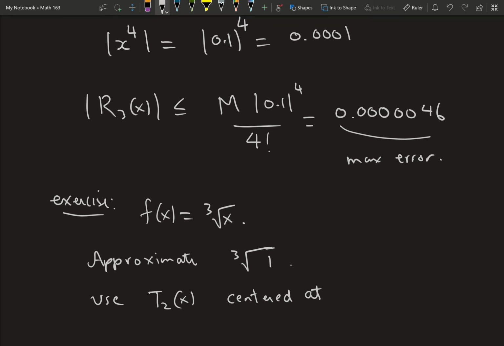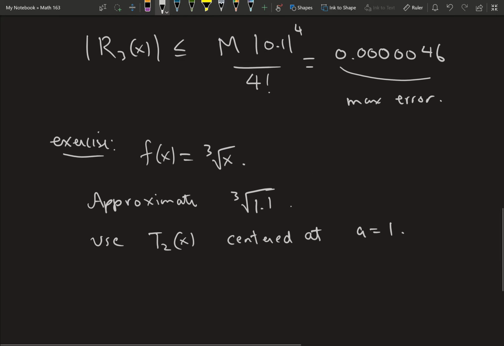Instead of 0.1, let's make this 1.1. And use T2 of x centered at a equals 1. So that's going to be your part 1 here.